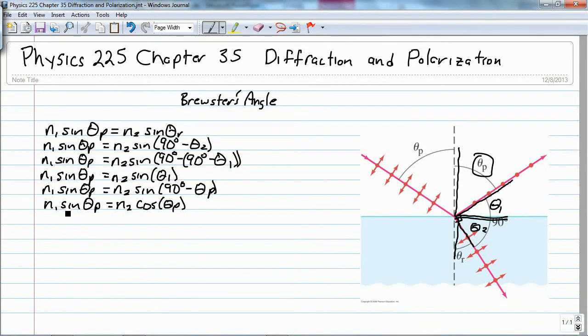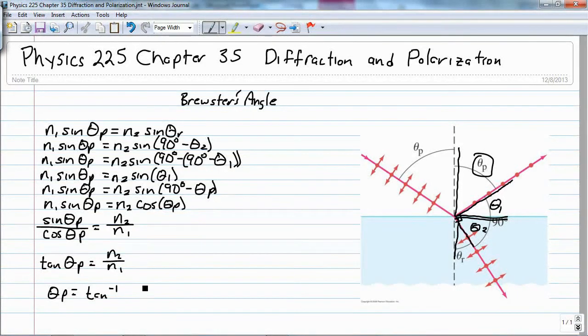And now if I divide around, I have sine theta p over cosine theta p is equal to n2 over n1, and the sine over cosine is just tangent of theta p, which is equal to n2 over n1, so theta p is just the arctangent of n2 over n1.